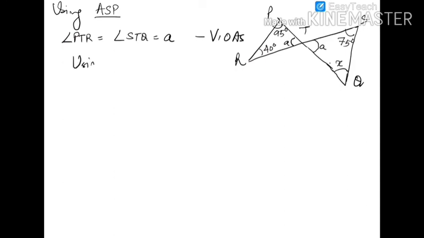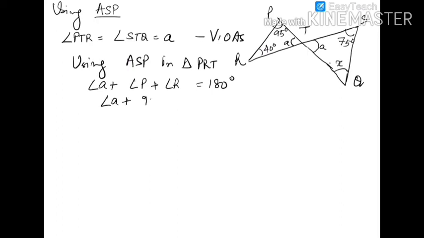Now we can use angle sum property in triangle PRT. Sum of interior angles will be equal to 180, so that will give us value of A. So angle A plus angle P plus angle R should be equal to 180 degrees.